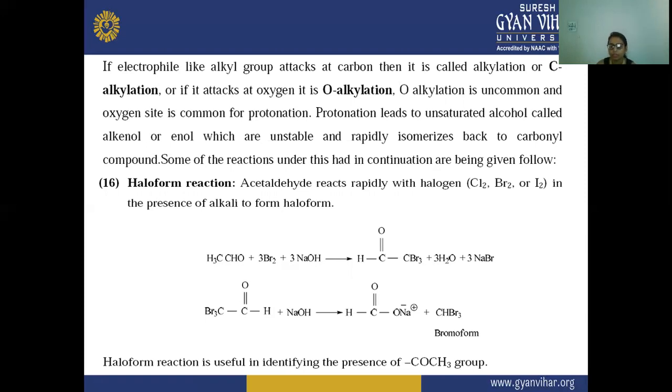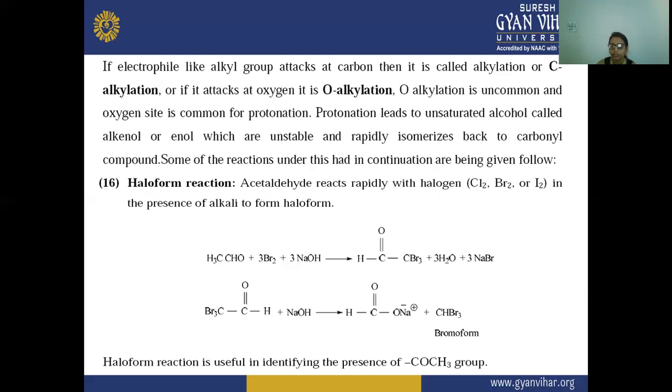In the haloform reaction, you will see the acetaldehyde is reacting rapidly with halogen in the presence of alkali to form haloform. Here we have taken the example of acetaldehyde, which is reacting with the halogen, Br2, in the presence of the alkali, sodium hydroxide, that is NaOH.